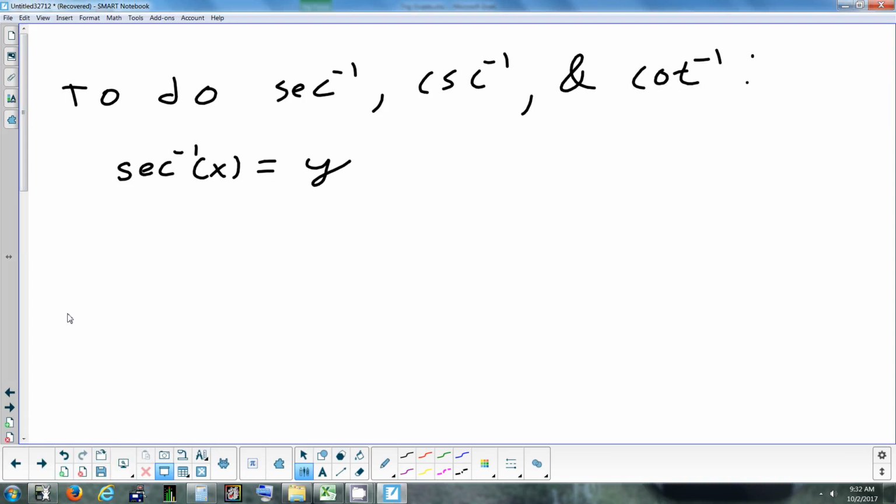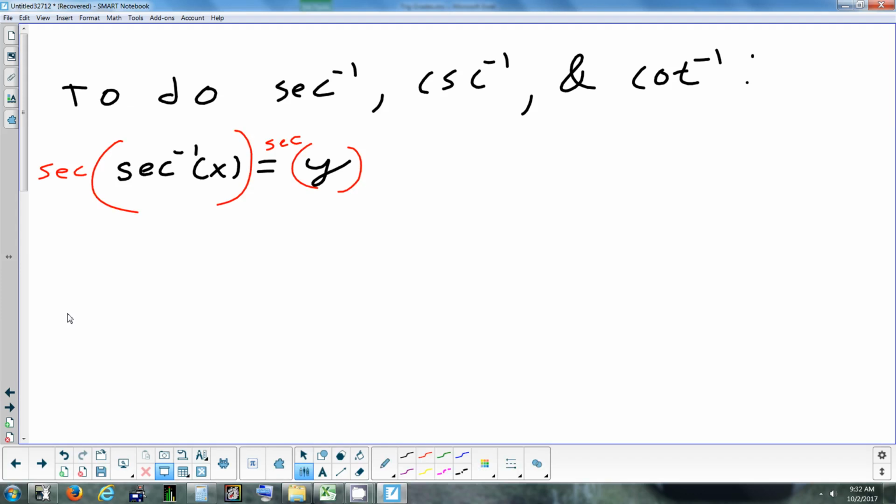And a trick I'm going to use that you might not guess at first is I'm going to take the secant of each side of that equation. I'm going to take the secant of all of that and the secant of that.